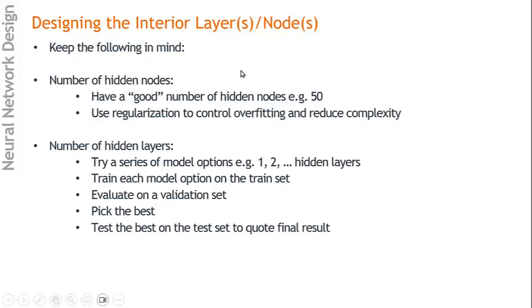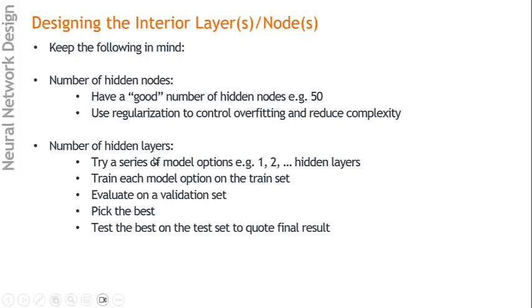Now, it is possible to have a very complex neural network solve a relatively simple task, but then you should make sure to use regularization. And as far as number of hidden layers, you can evaluate different possibilities just like you evaluate different models.